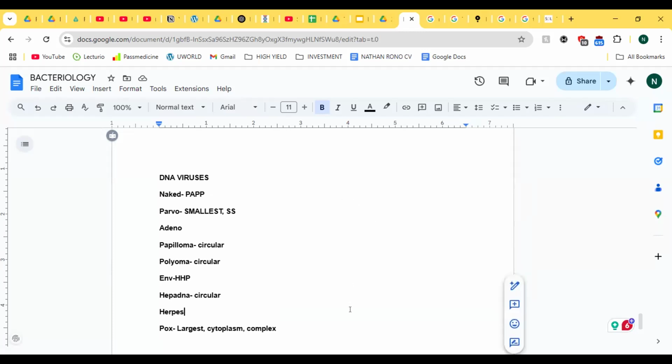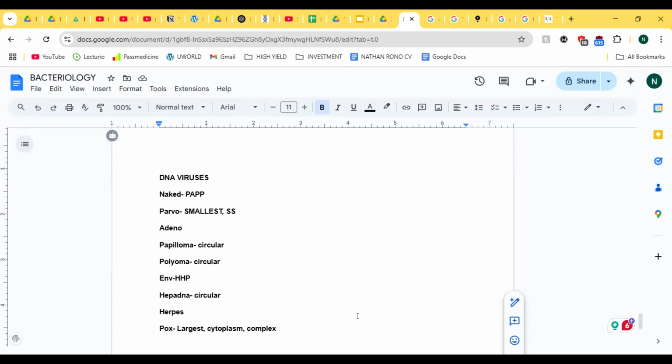So in summary. Wait, before you go there, in Parvo, we don't talk about the genome being circular or linear. And also in herpes. In Parvo, we don't talk about the genome being circular or linear, because it's single-stranded.